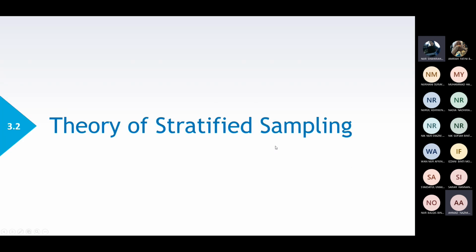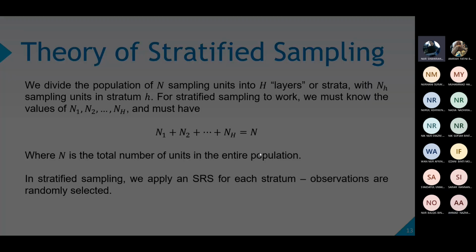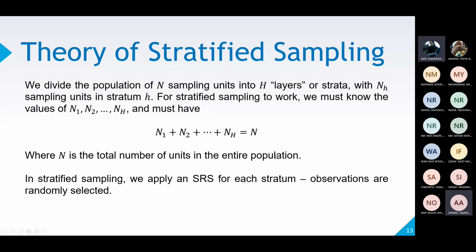And let's move to the next subtopic, the theory of stratified sampling. All right, so we divide the population of N sampling units into H layers or strata, with N_h sampling units in stratum h.